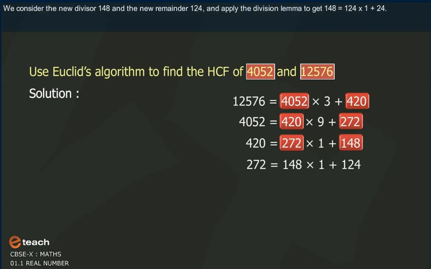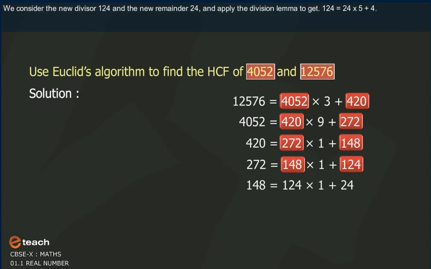We consider the new divisor 148 and the new remainder 124 and apply the division lemma to get 148 = 124 × 1 + 24. We consider the new divisor 124 and the new remainder 24 and apply the division lemma to get 124 = 24 × 5 + 4.